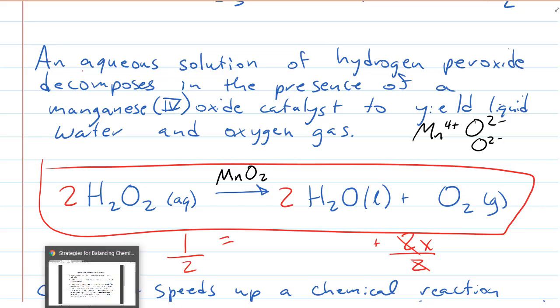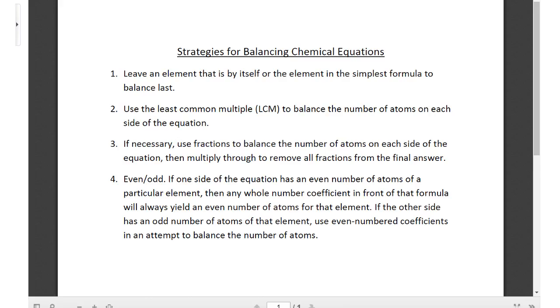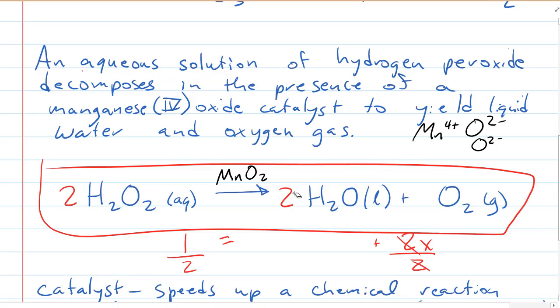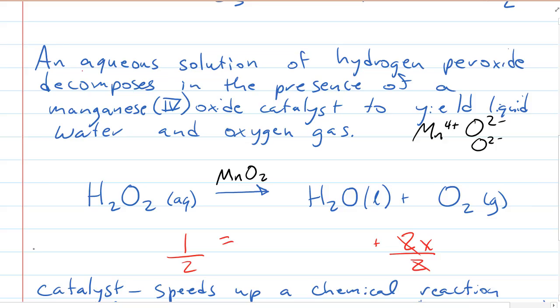Now these two rules, or these two strategies we should say, can often be used interchangeably. If we want to show how this even-odd one works, we can come back to this equation and say, well, let's use this even-odd strategy. Remember that when we look at this, you're going to leave oxygen to last.